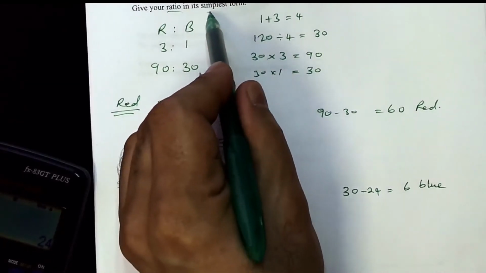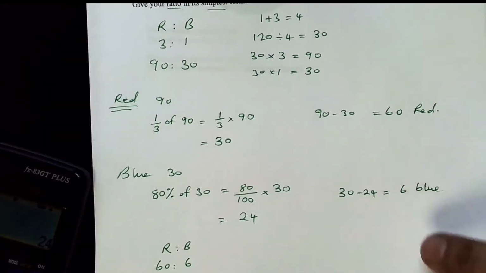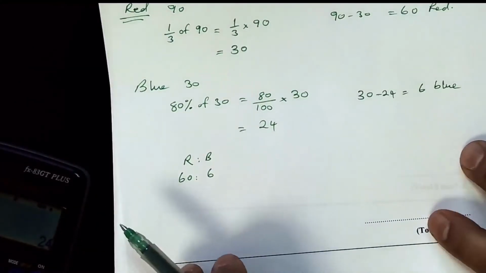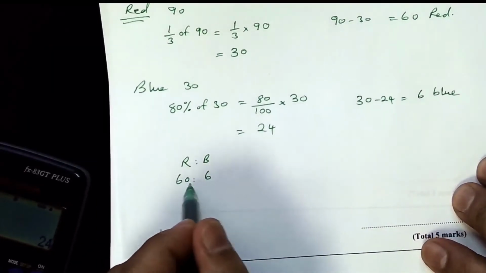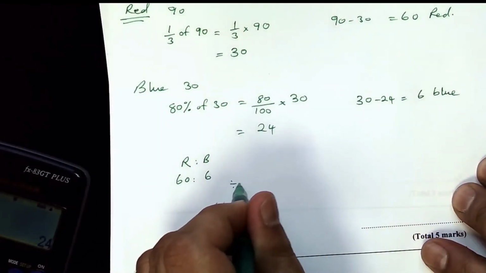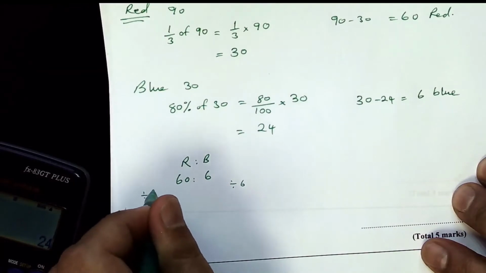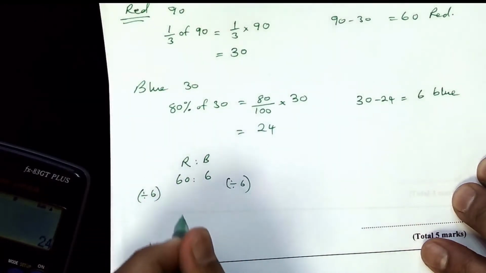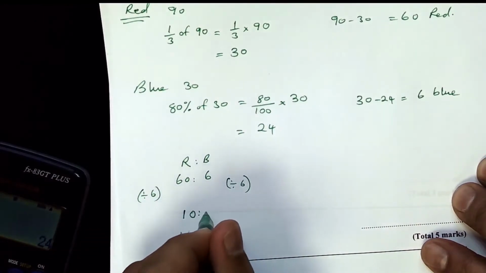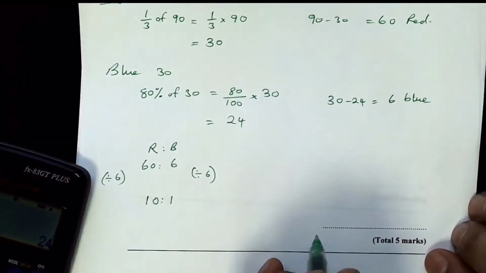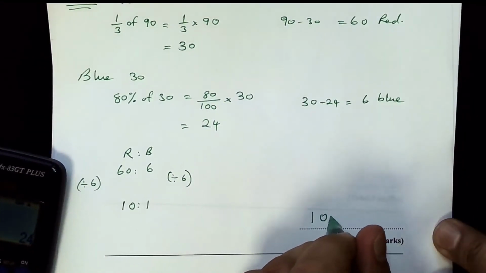But now I need to simplify the ratio. To simplify the ratio, I'm going to divide by the highest common factor, and both of these numbers can be divided by 6. So divide both sides by 6, and I will end up with 10 to 1. So my final answer is 10 to 1.